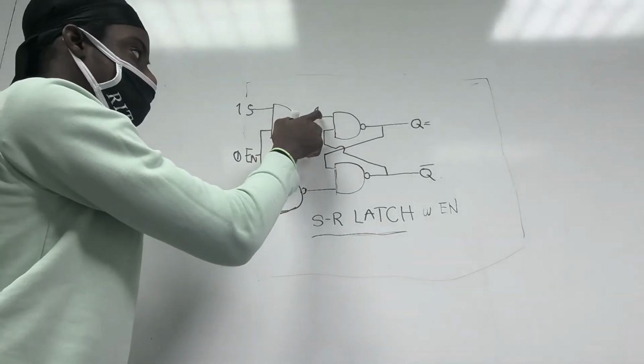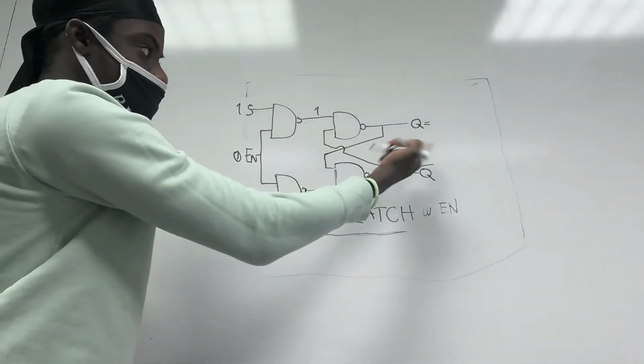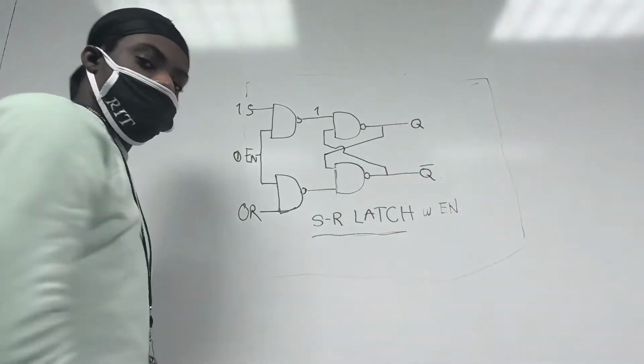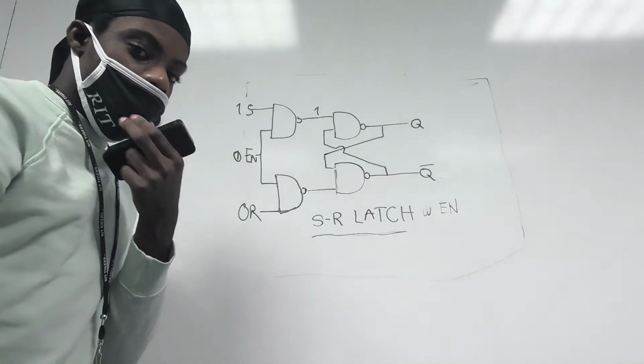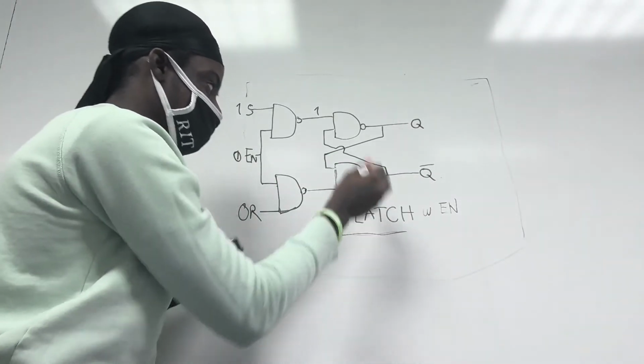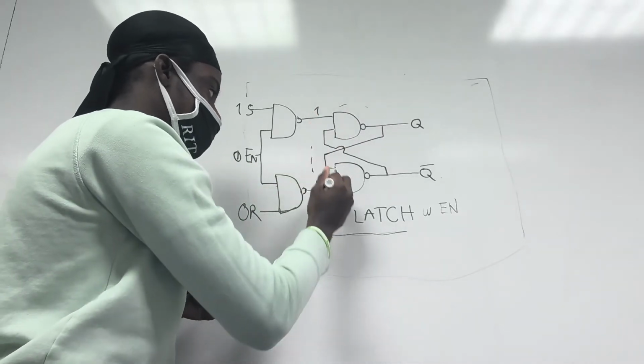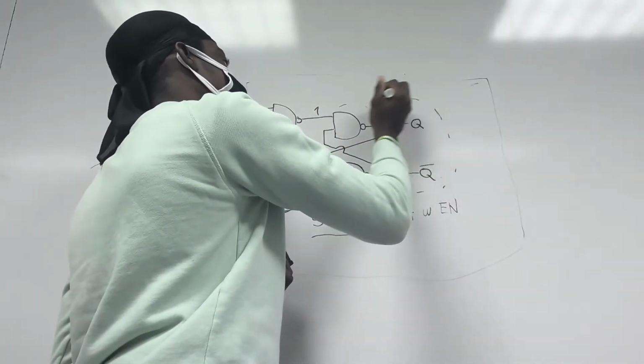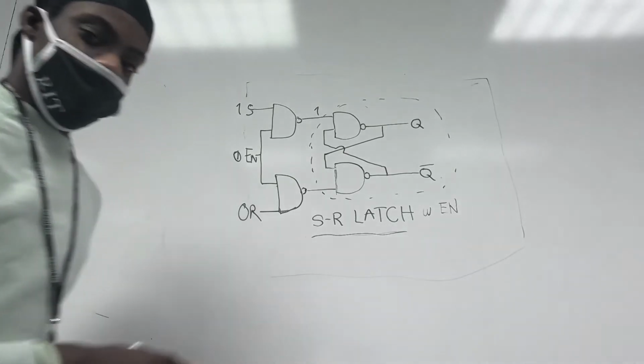And since this is 1, this won't store any value at Q. So it doesn't allow the regular part of the latch, this part, to do its thing. That's why we have the enable.